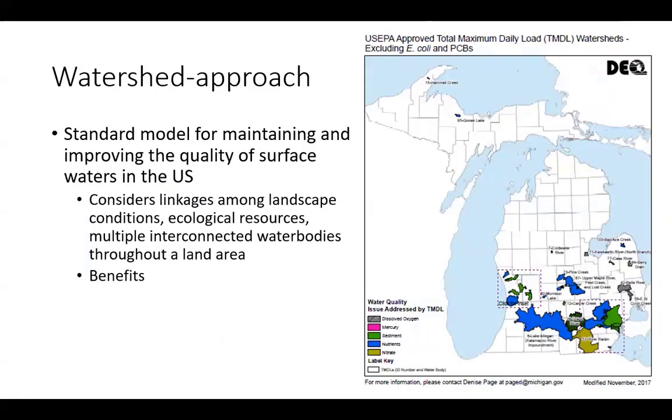Typically, what is done is what is referred to as a watershed approach. These are the approved watersheds for the state of Michigan. So they're approved by DEQ. And you can see that they vary in terms of the issue that's being addressed. So if we look here at the Bell River, that is addressed for dissolved oxygen.